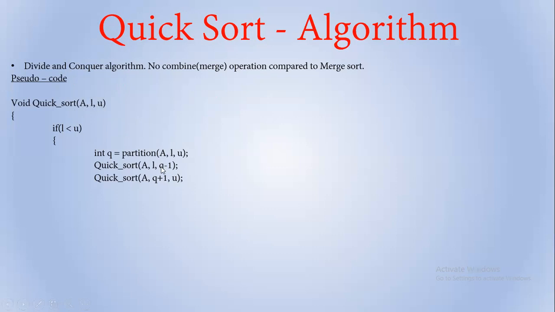So the size of this one will be Q minus 1 minus L plus 1, that means Q minus L. The size of this one will be U minus Q plus 1 plus 1, again, it will be U minus Q. So the size of this quick sort array is U minus Q, and the size of this quick sort array is Q minus L.